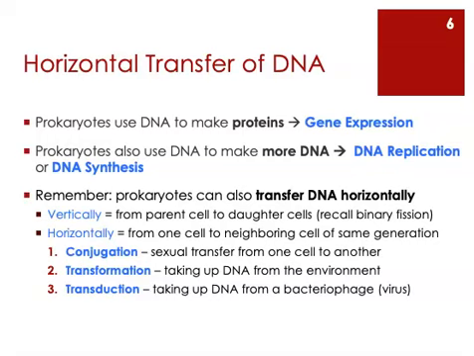And finally, transduction is a process that occurs with a viral middleman. So there are viruses called bacteriophages that infect bacterial cells. And what happens is it's the virus that helps transmit DNA from one bacterial cell to another bacterial cell.